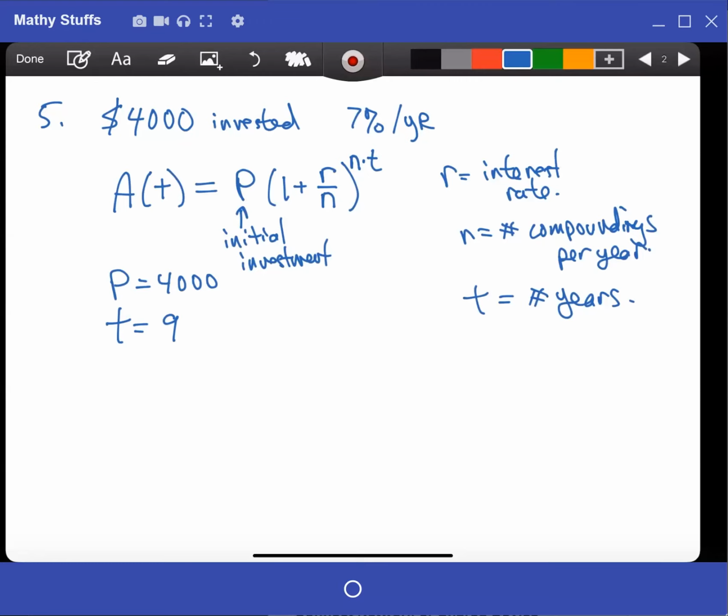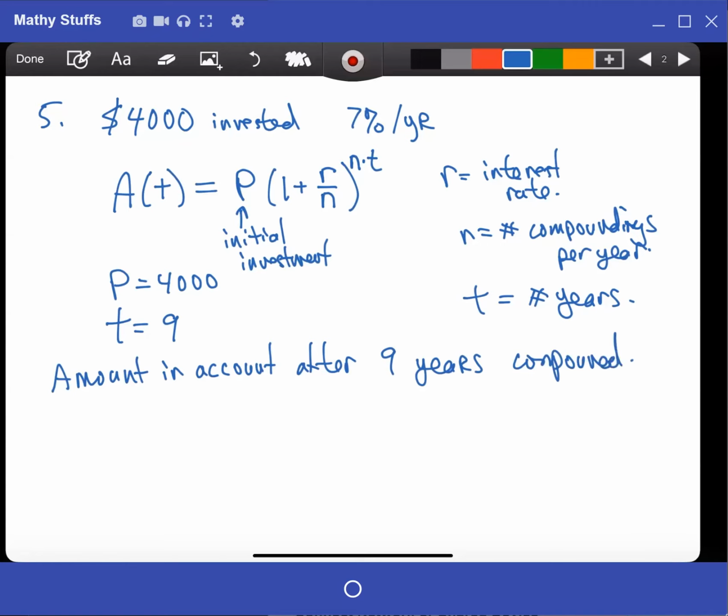So amount, let's just write out what we're trying to find. Amount in account after 9 years compounded. So the first thing here is annually.